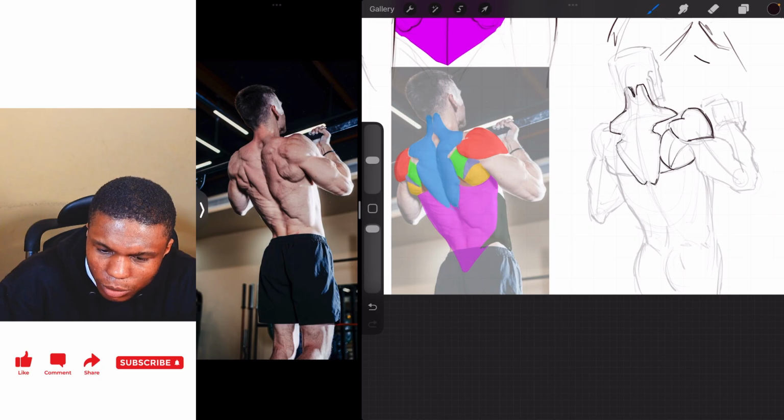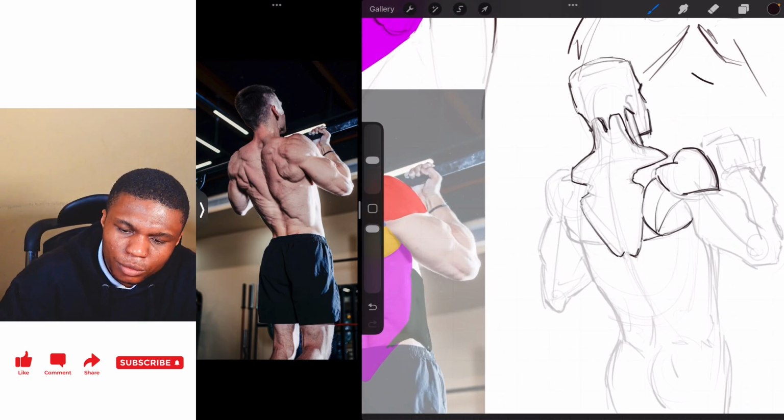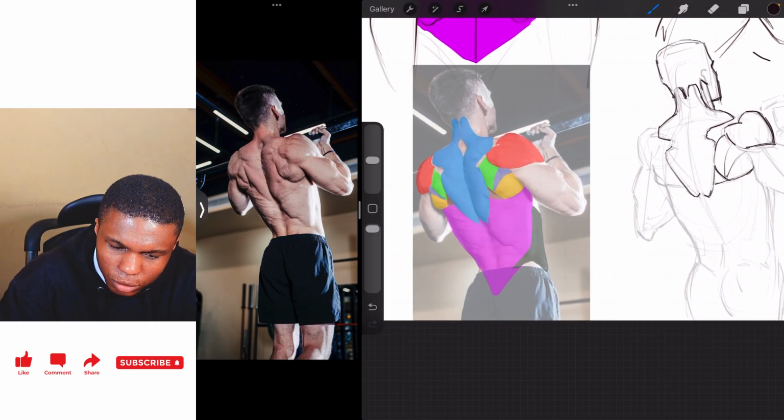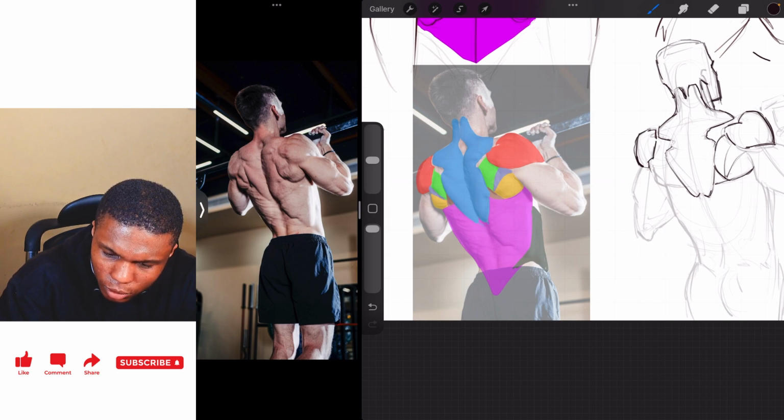And we have our trap shape here and our sternocleidomastoid over here, and then our head, and it's starting to look really good, I think. Right. Teres major, teres minor, infraspinatus over here, and then rhomboid.